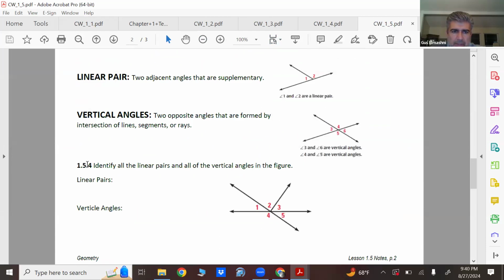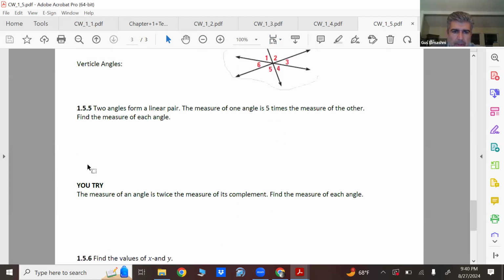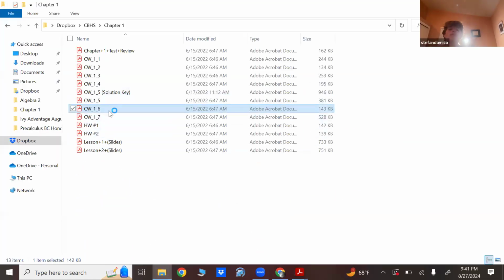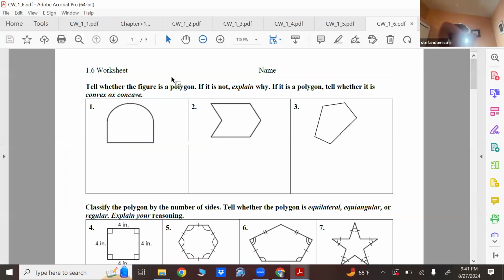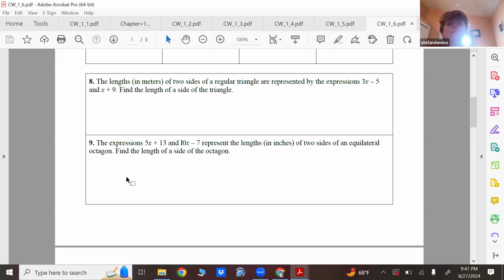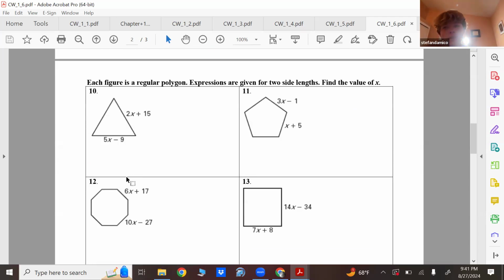Vertical angles, linear pairs add up to 180. Vertical angles are the same. Equilateral, equiangular, regular. Regular means all the same. Equilateral means all the sides are equal. Those things we'll talk about as well.